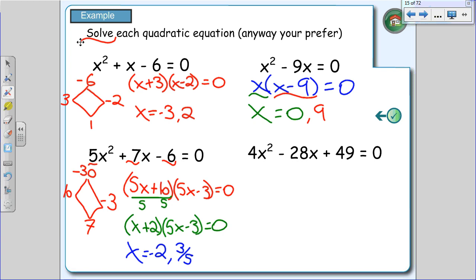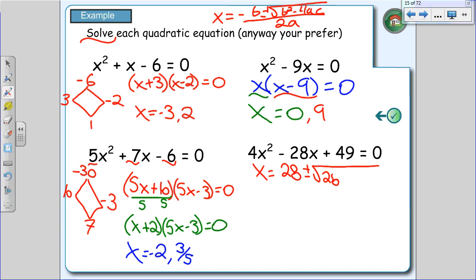That's x equals negative b plus or minus root b squared minus 4ac, all divided by 2a. So as I put that into my formula, that means my answers will be positive 28 plus or minus root of negative 28 squared minus 4ac, all divided by 2 times a, which is what I would hammer out to try to do that.